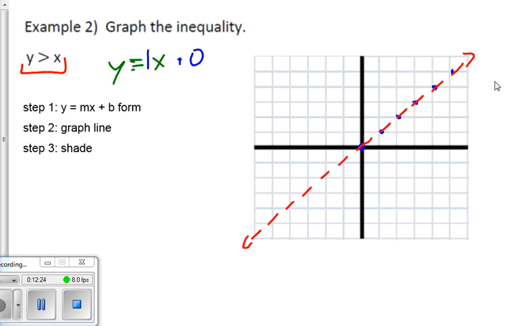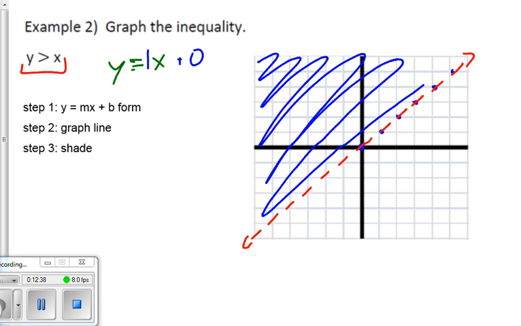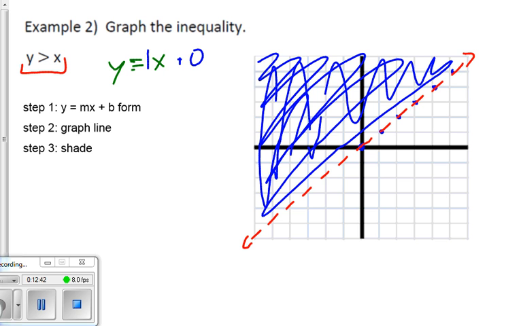So we have our boundary line graphed. Now we need to shade it. Our inequality is saying y is greater than x, so we want the area above our line, which means I need to shade everywhere up here. All of these points would work if we plug them into our inequality.